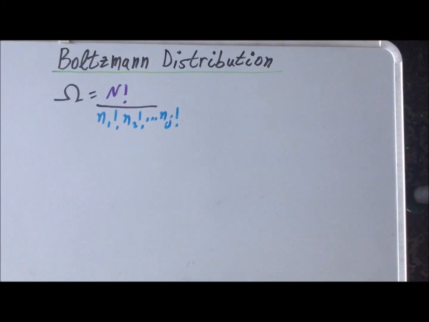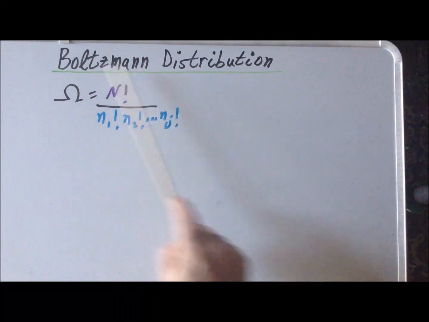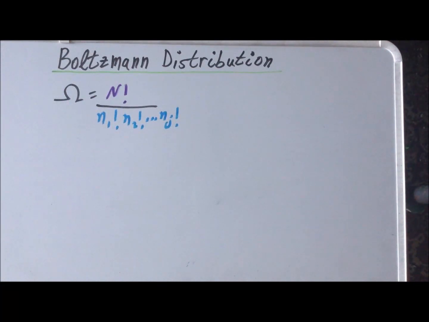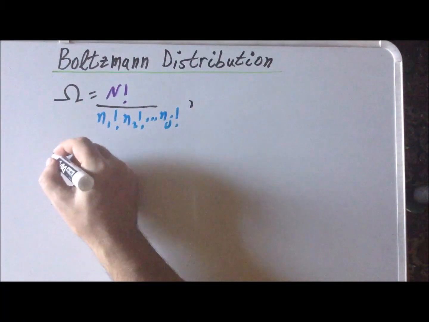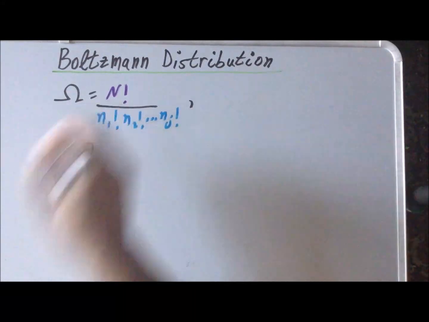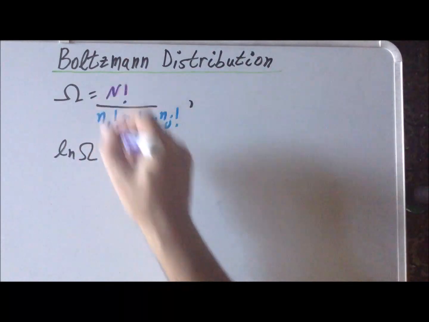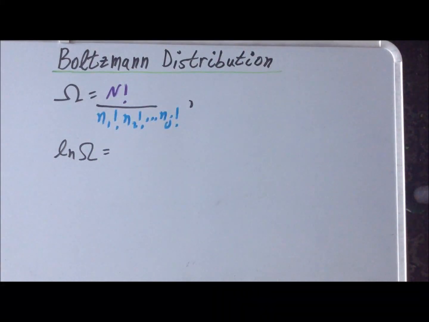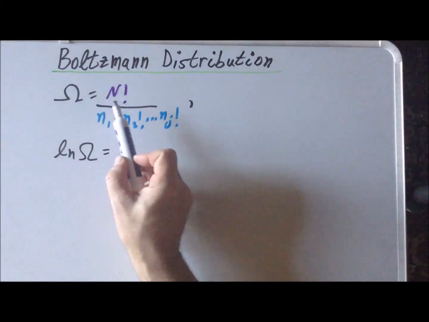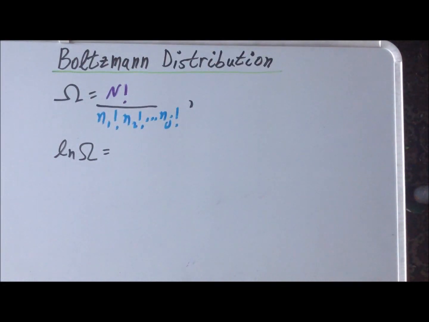So recall our expression for the number of ways of achieving our distribution, omega, and recall also that as a way of maximizing this function, what we're first going to maximize is the natural log of omega. Based upon our expression for omega, we can write down, using the properties of logarithms, an expression for the natural log of omega. Recall that when we have a division, the natural log of a over b is the natural log of a minus the natural log of b.